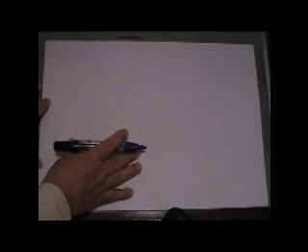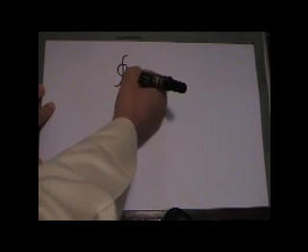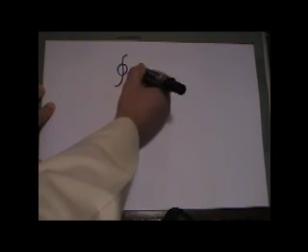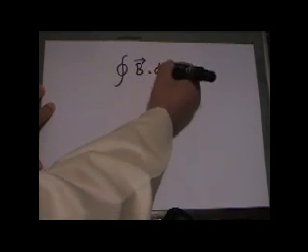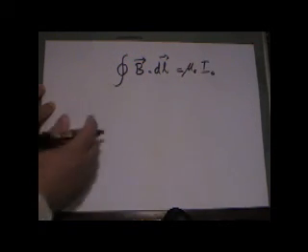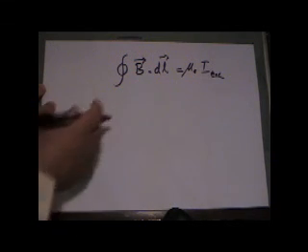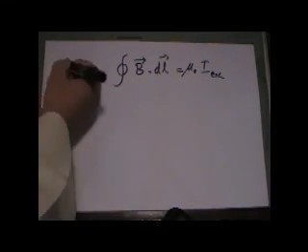The second part of chapter 28, which is again very important, talks about Ampere's law, not the Biot-Savart law. Ampere's law says that the integral of B dot dl is equal to mu naught I enclosed.